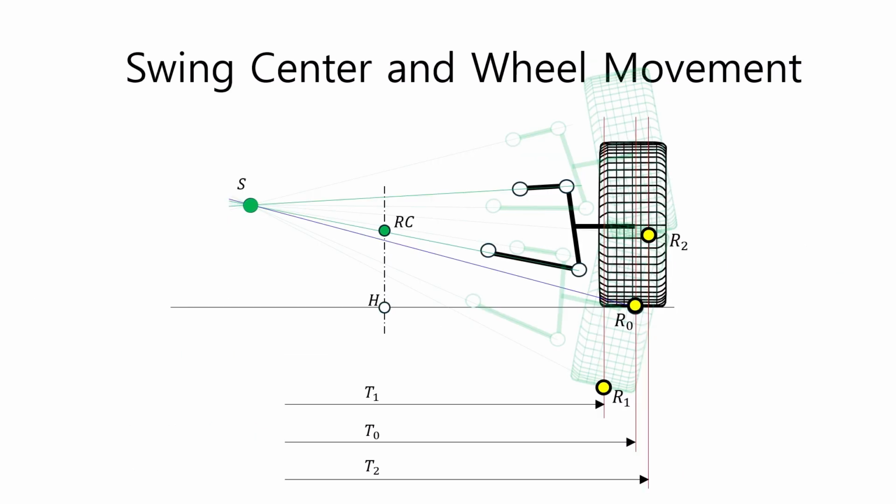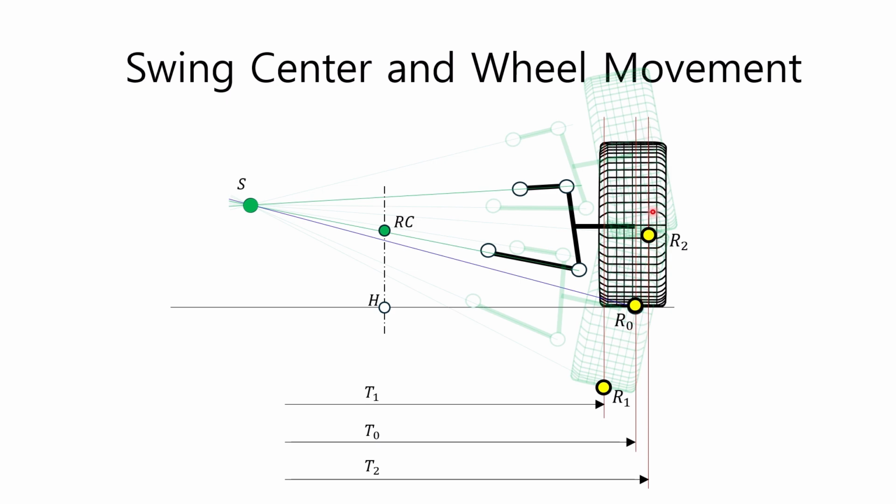Let's look at the concept of swing center in wheel movement. This figure shows how the location of the wheel contact point with the road changes laterally as the wheel moves up and down during bump and rebound. Here, point S represents the swing center of the right wheel. The vehicle's wheel moves in a circle around the swing center instantly at a bump or rebound.